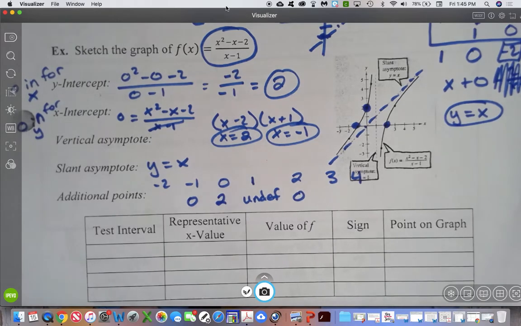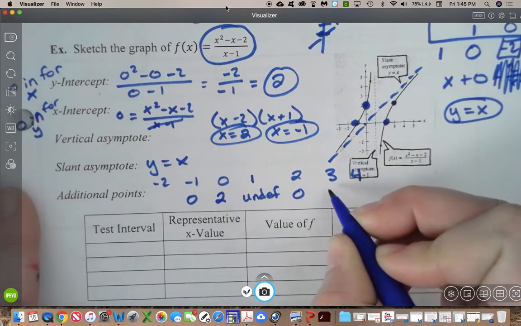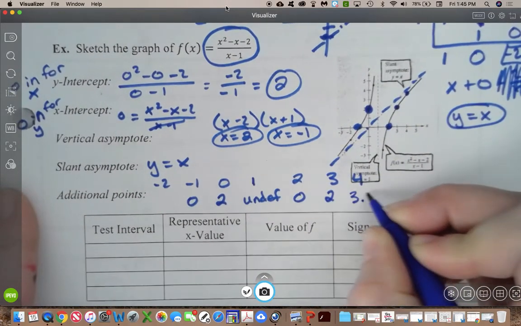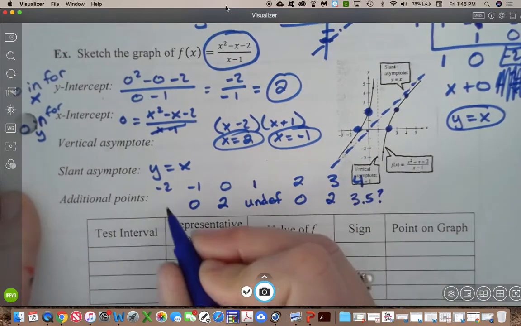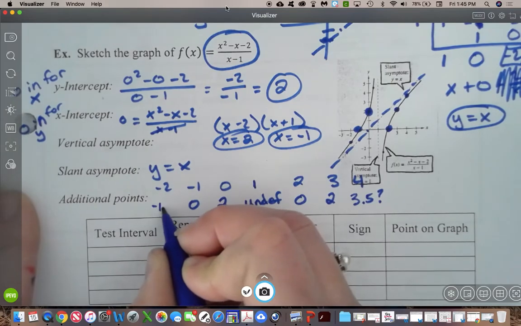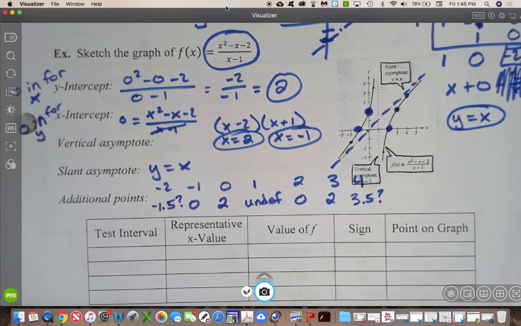Like 3 will be at maybe 2, 4 will be up here at maybe 3.5, and -2 will be down here at maybe -1.5. I don't know. But you plug those into the equation and it will give you more of a general idea of what it looks like, and then you can just connect the dots.